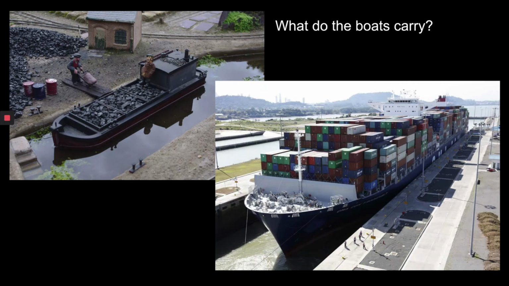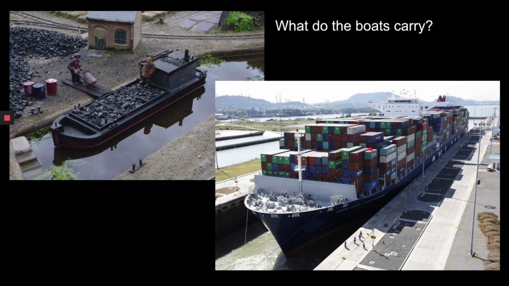What do the boats carry? Or what did the boats carry? Because the boats in the UK canals don't carry the same thing as they used to. So this is not a real image, but it's meant to represent something. So what is this that the narrowboat is carrying? It's coal. And here, what is this massive boat carrying?